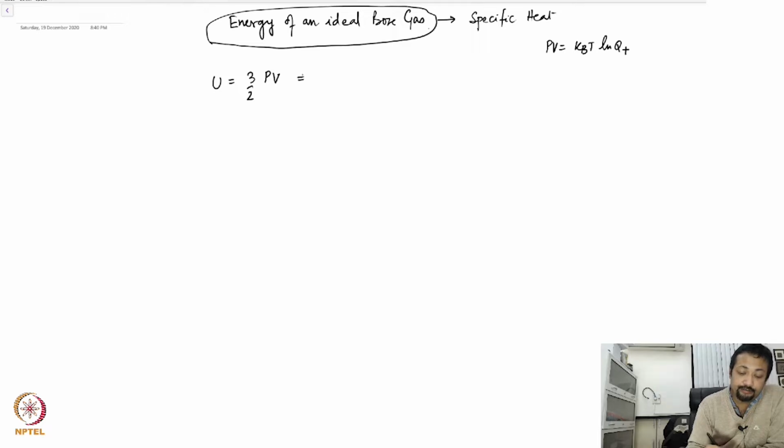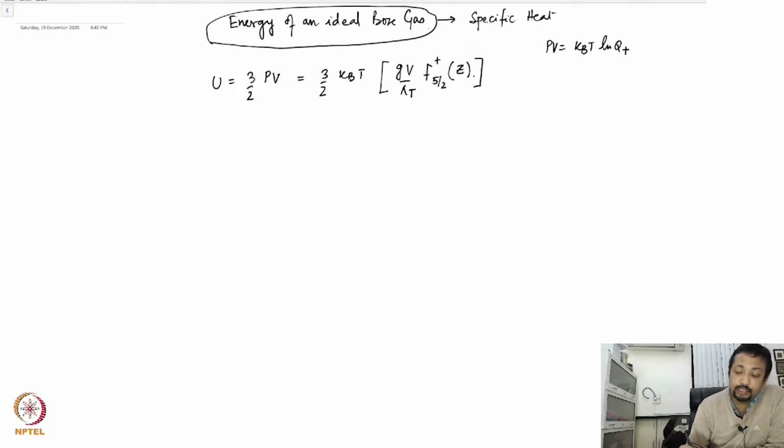So I have 3/2 times kBT times gV over lambda T times f plus 5/2 of z.